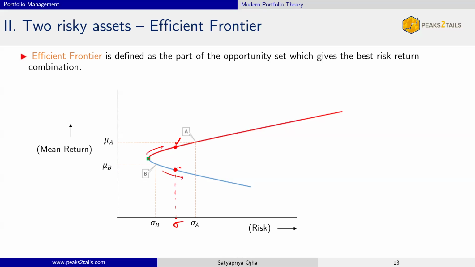Is that understood, guys? Any questions? Okay, so this red part is called the efficient frontier. It's a subset of the opportunity set which is efficient.